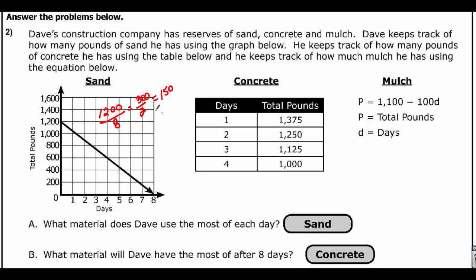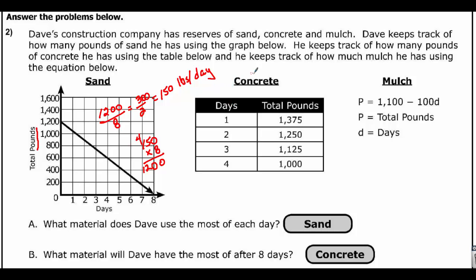That's the slope. The daily use of sand is 150. If you want to double check that, if you did 150 times 8, you would see 8 times 0, 8 times 5 is 40, 8 times 1 is 8, 4 makes 12. There's our 1200. So 150 pounds, because it's in pounds, per day. That's the rate that we're using sand.